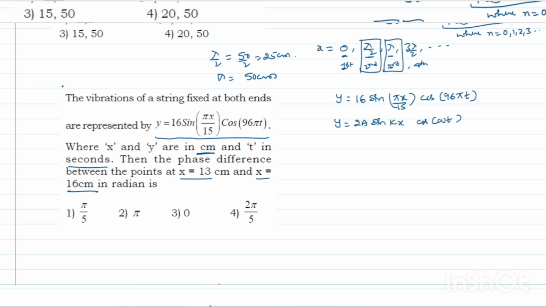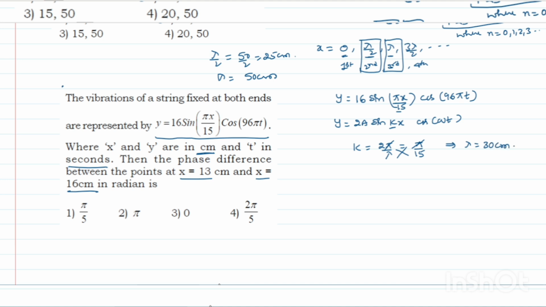So k is pi x by 15 here. k equals 2 pi by lambda, which is pi by 15. The pi gets cancelled, and when cross multiplying, lambda equals 30 centimeters. So lambda is 30 centimeters.